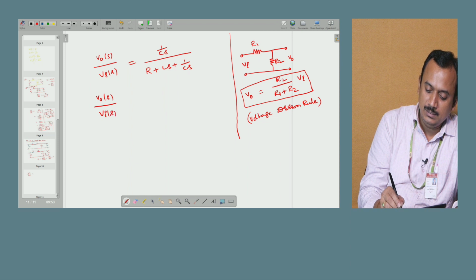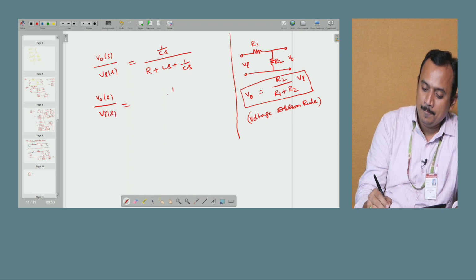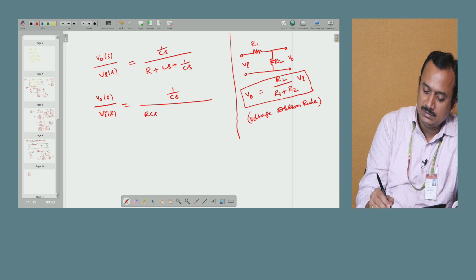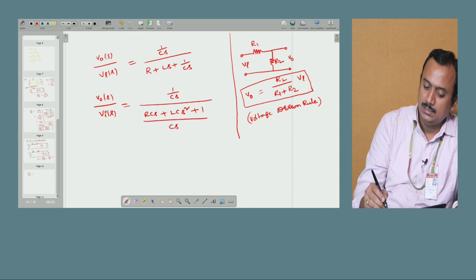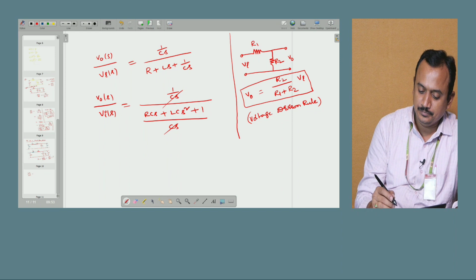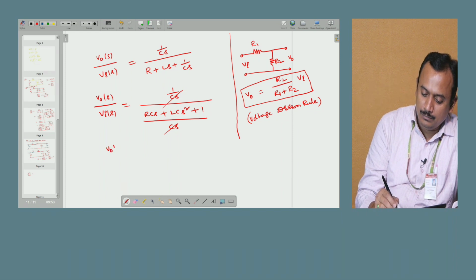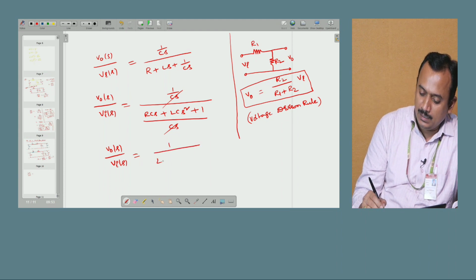V naught of S by Vi of S is equal to 1 by Cs divided by RCs plus LCs square plus 1 divided by Cs. Now these two get cancelled. We have V naught of S by Vi of S is equal to 1 by LC S square plus RC S plus 1.